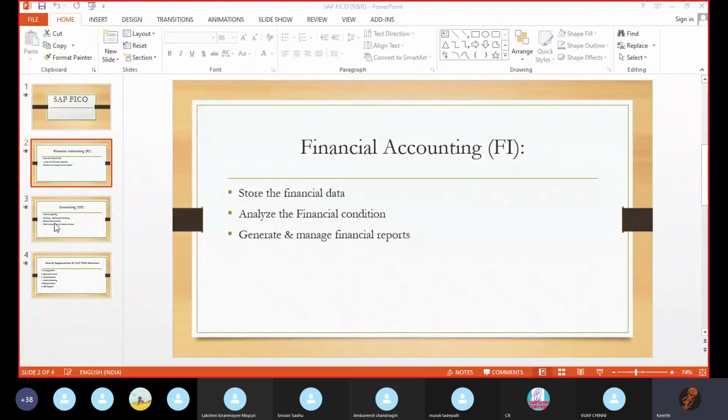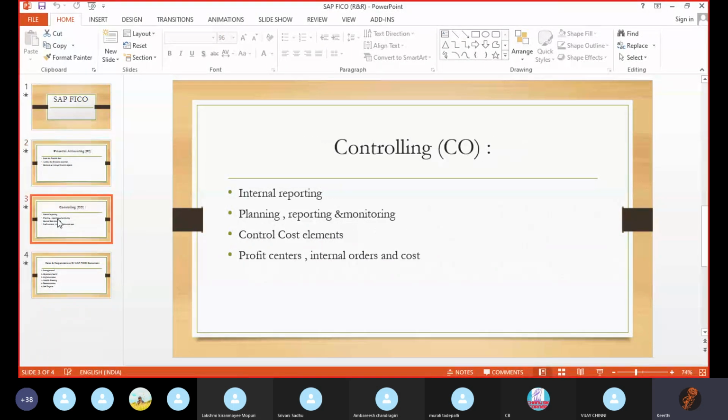Coming to CO, CO stands for controlling. Controlling helps with internal reporting, planning, reporting, and monitoring the organizational data. It includes cost center elements, profit centers, internal orders, and costs, etc.